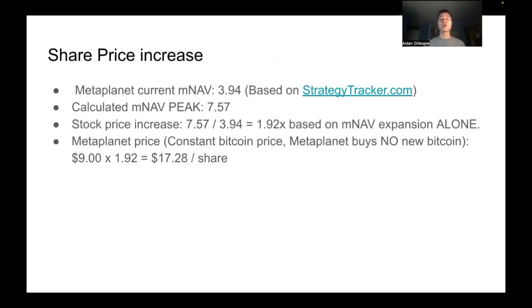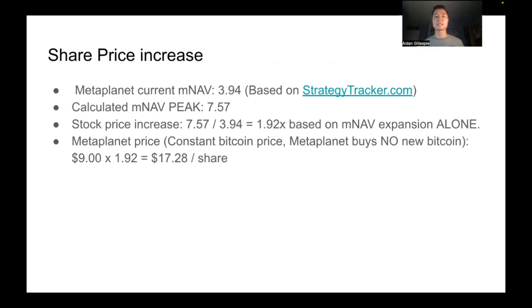Metaplanet's current MNAV is trading at 3.94. I understand that based on Metaplanet's direct website, it's actually a little bit lower. I'm using the MNAV based on strategytracker.com. Why? One, because that was the very first graph that I was looking at, comparing the MNAV of Metaplanet over time.